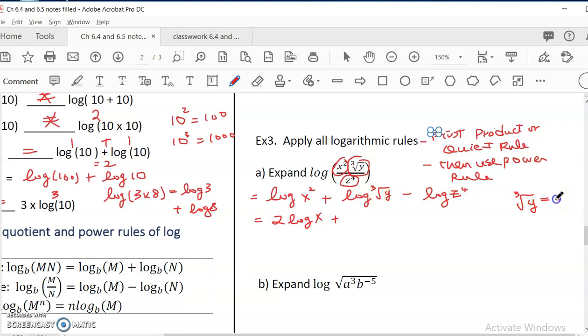If you want to, you can do one more step to write them as exponent, but you can just move it outside as 1/3 log y. You don't do the root outside. You move it as 1/3 outside of it. Minus, so this z is in the log, so you can move it as 4 log z. And there you have expanded all of them into individual logs, log of something, log of something, and log of something. So that's what they want.